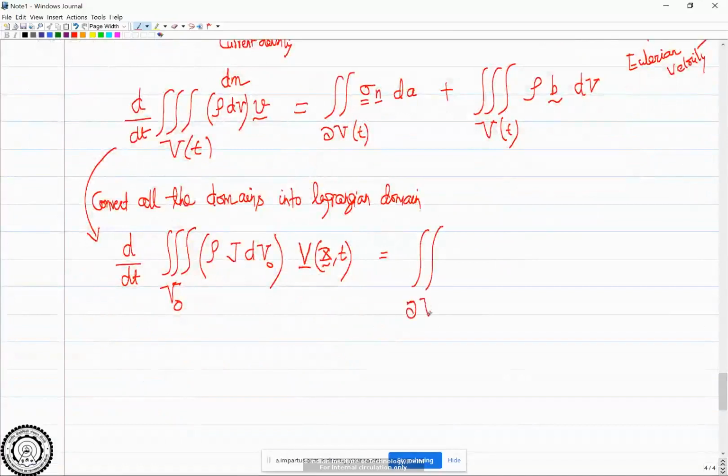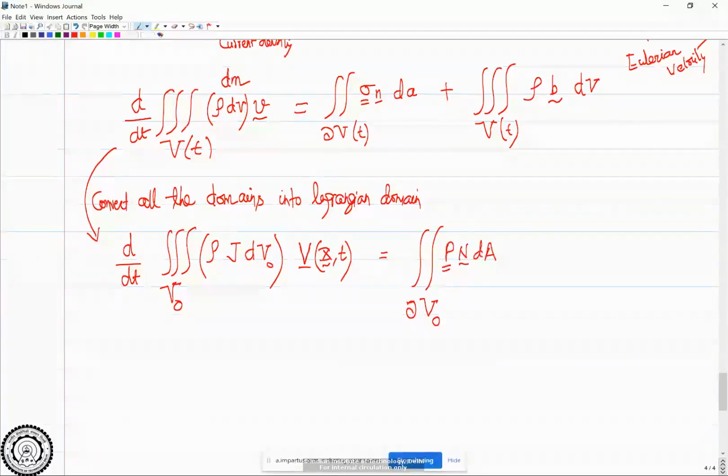So this becomes del V naught, and you have sigma n dA, which you can write as capital P into big N into dA, where big P is now the first Piola-Kirchhoff stress tensor. So this is by definition. I hope this is clear to everyone.